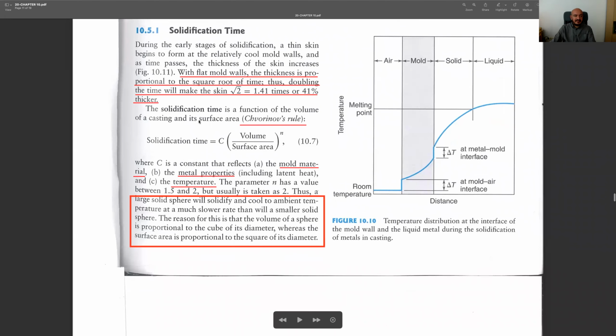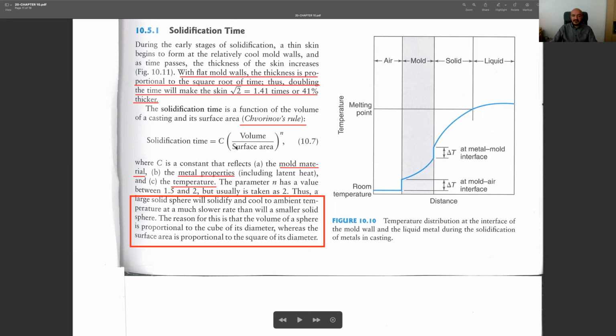And this is represented with Chvorinov's rule. As you see, this is the simple equation for the solidification time. We have a constant C, I will talk about it, and then we have the multiplication of this term here. And inside this term, what do we have? We have the volume of our cast product divided by the surface area.